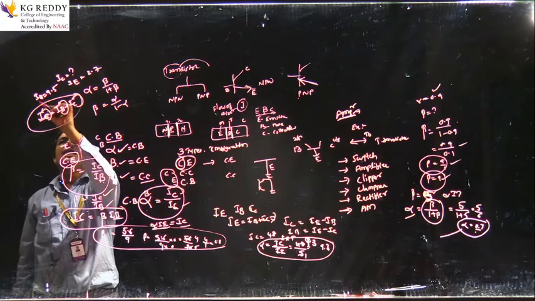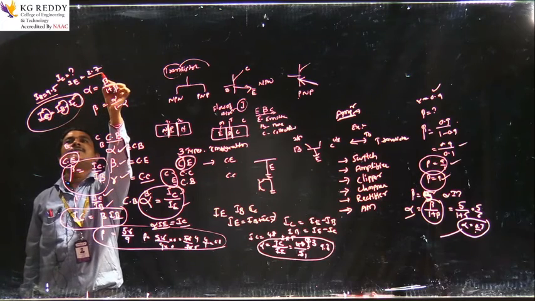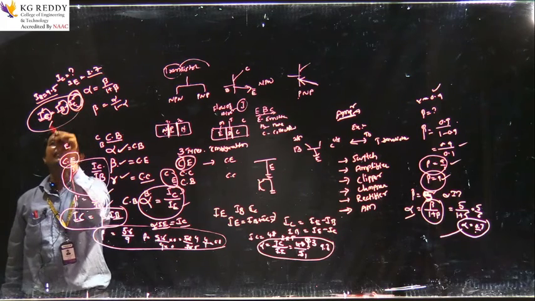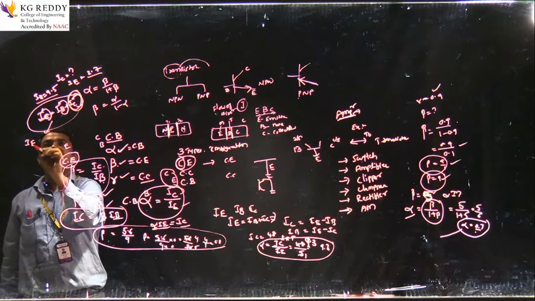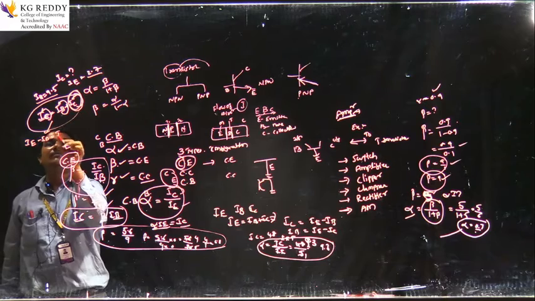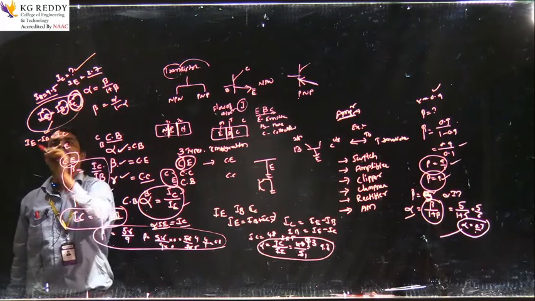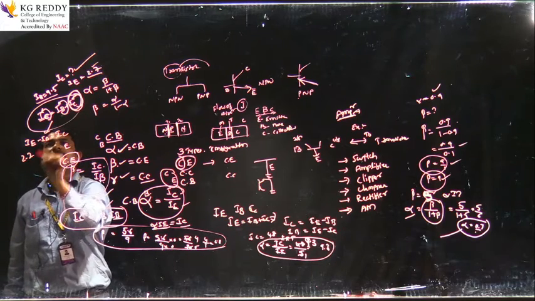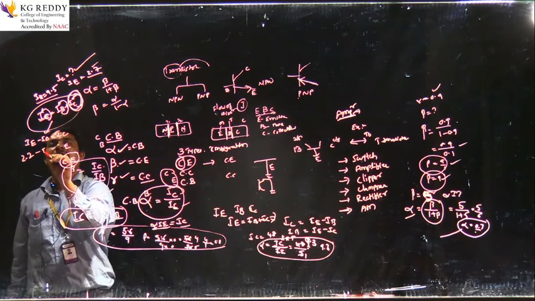The IB value and IE value are mentioned. Find out the IC value. You have to take this relation. In this equation, IE minus IB equals the IC value. Here IE is given as 2.7 and IB value is 9.5.